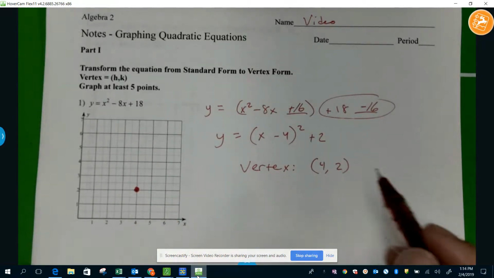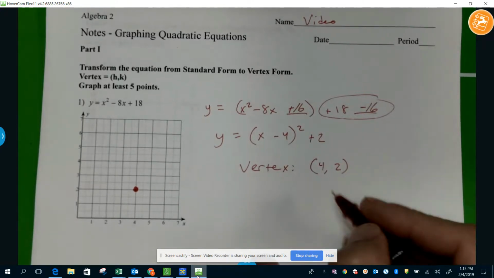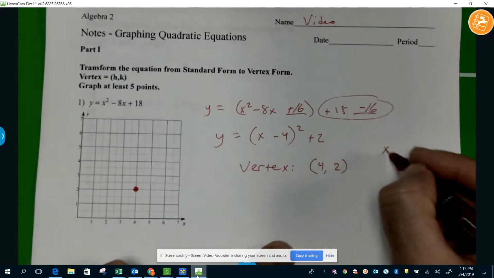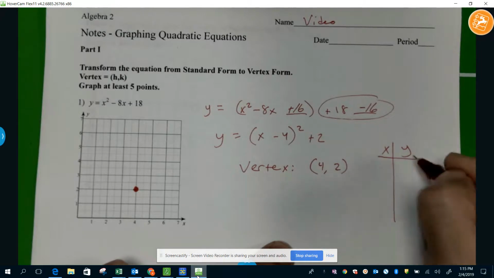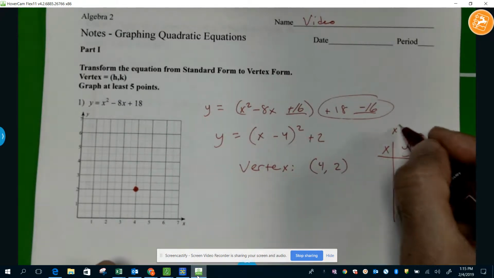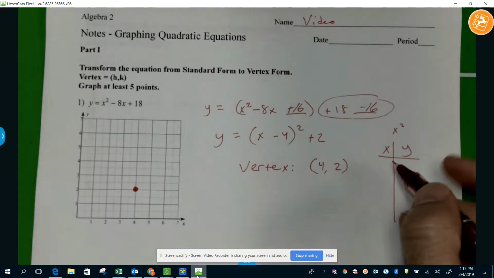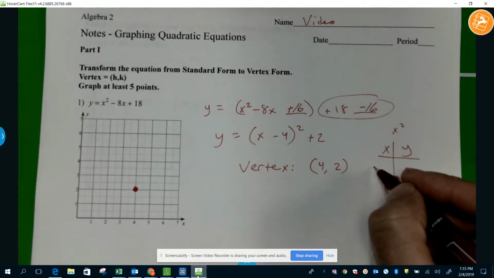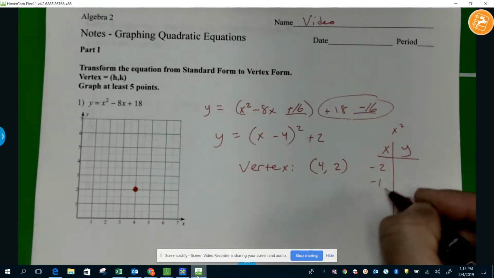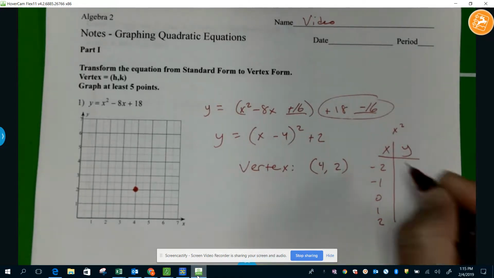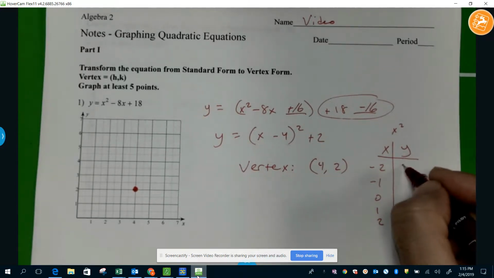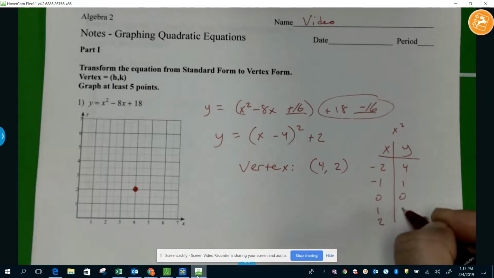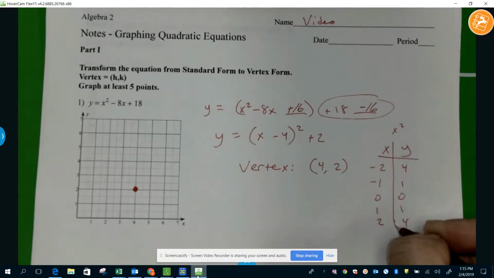Okay. Now, remember, we have our table. This is a quadratic, so anytime we have our x squared, our original parent function, we had x values of negative 2, negative 1, 0, 1, and 2. And so when we squared those, you had a 4, a 1, a 0, a 1, and a 4.